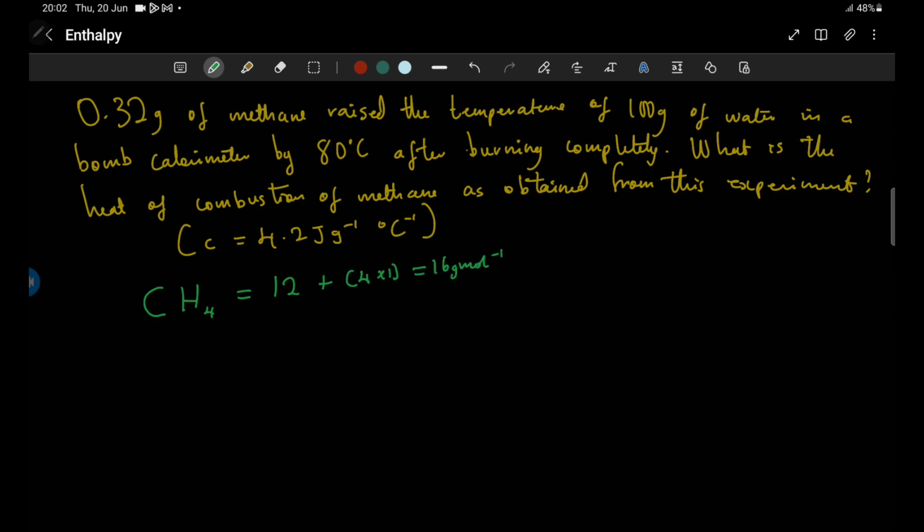Now let's check how many moles of methane has been burnt. Number of moles of burnt methane. Remember, number of moles equals mass over molar mass.